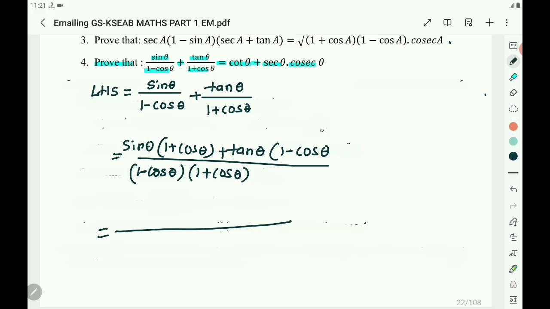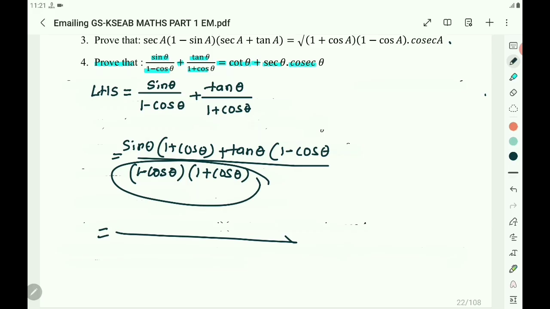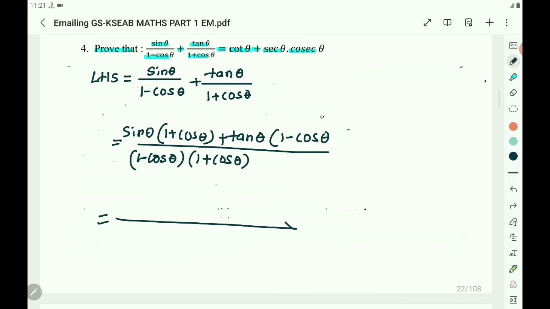Equals, in the denominator write the product of these two. This is in the form of a minus b into a plus b. A minus b into a plus b is a square minus b square. 1 minus cos theta into 1 plus cos theta is 1 square minus cos square theta, that is 1 minus cos square theta. Then find the product.